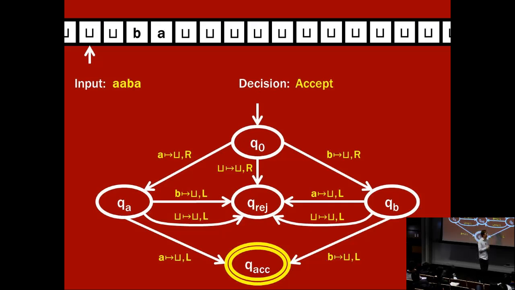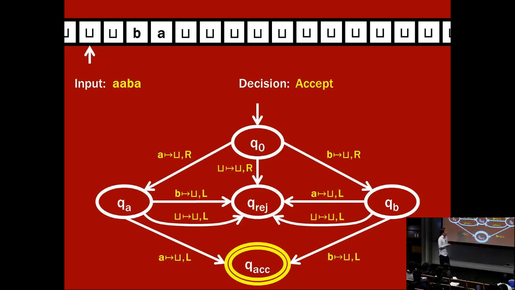OK, let's do another example. Let's say the input is this BA. So it gets written onto the tape like this, at the beginning. We start the tape pointer here. OK, we start in Q0. And what will happen? Well, we're reading a B, so we follow the B arrow to this state. We write a blank, and we move the head to the right.